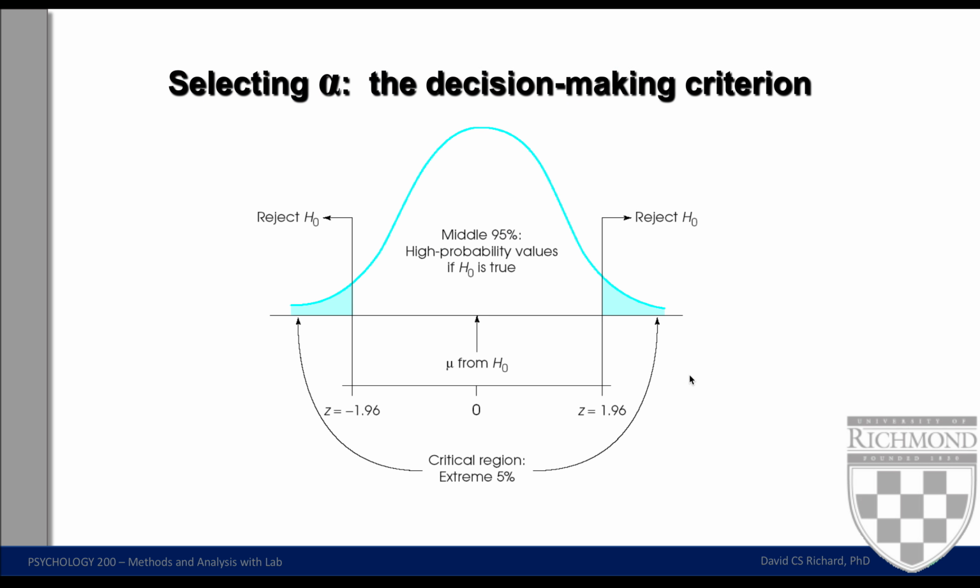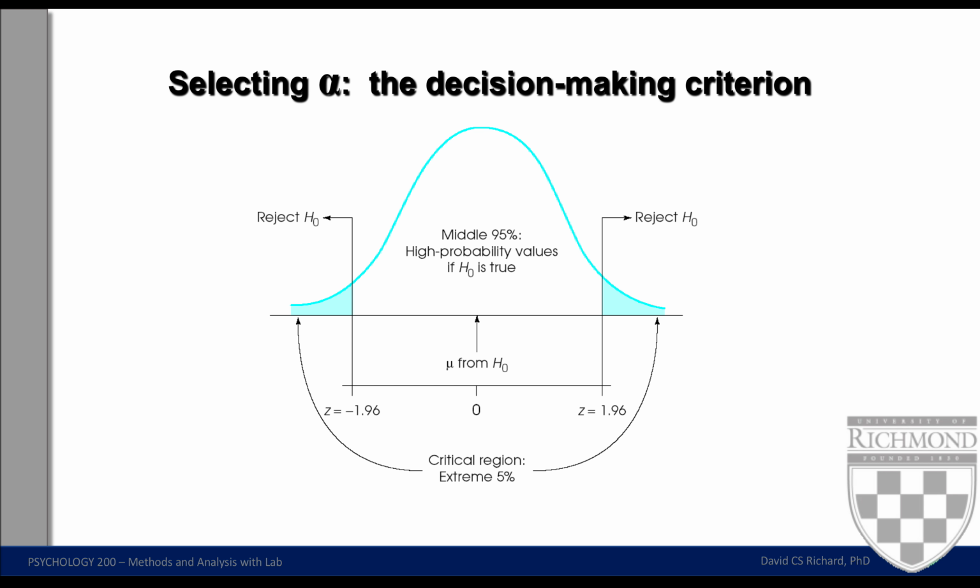So what scientists have done over the years, statisticians in particular, have worked to identify the meaningful size of the tails, the amount of area under the curve in the tails, to allow us to either reject or fail to reject the null hypothesis.